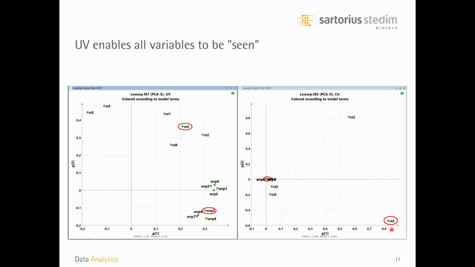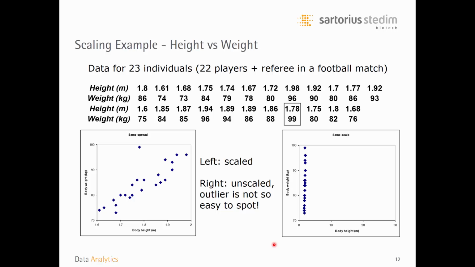So scaling to unit variance is a way to decrease the in-model influence of variables that have a large numerical variation and make it possible to see variation also in variables that have a smaller numerical variation.